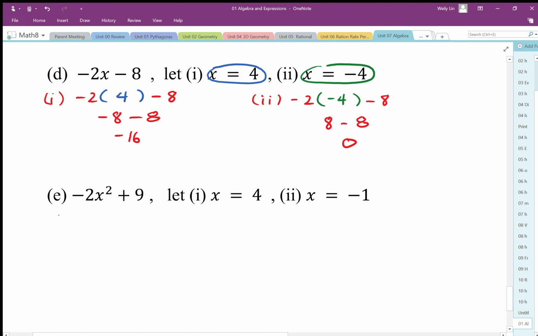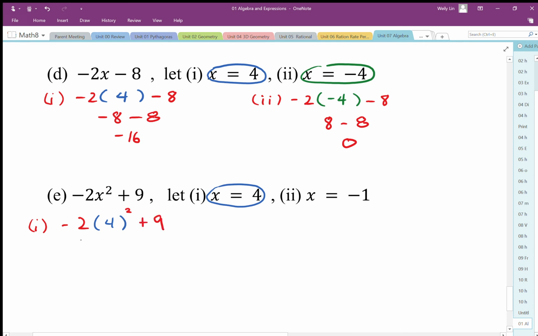Here I have negative 2. I'm going to replace that x with positive 4 again. And then I'm going to square that. So I'm not replacing the x squared. I'm replacing just the x. I have to remember to square it.